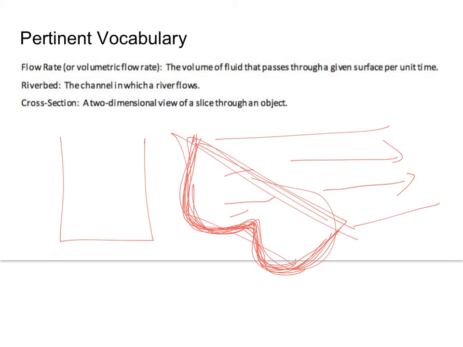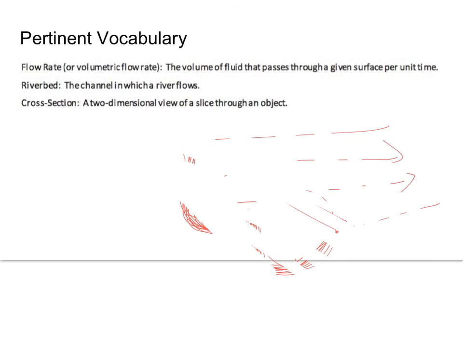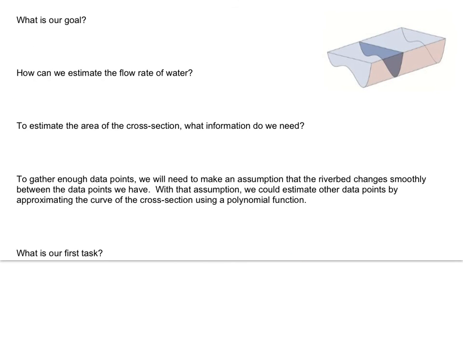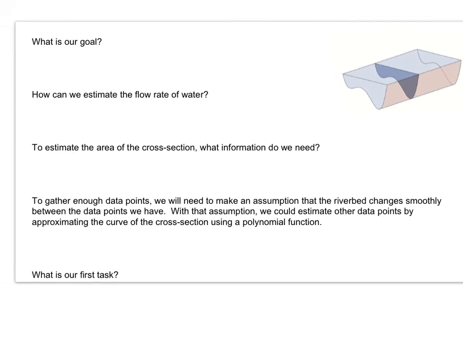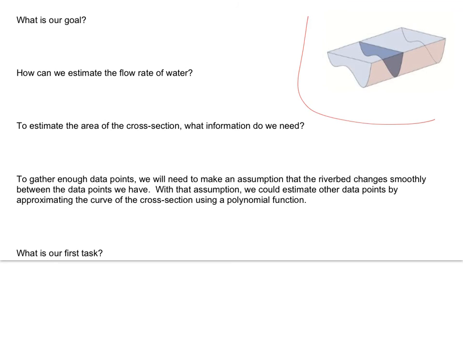Okay, the next drawing is actually much cooler. So I'm going to erase this one and this one. Probably could have done that a lot faster. Okay, there's our very cool riverbed. I always move that first, don't I? And the dark blue right there is the cross section.